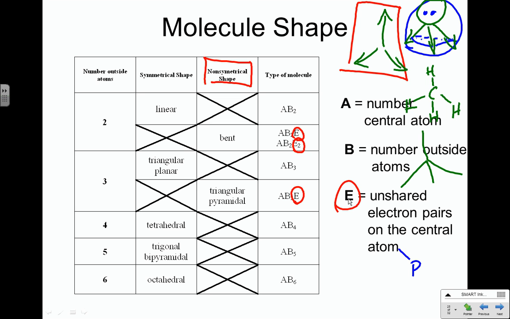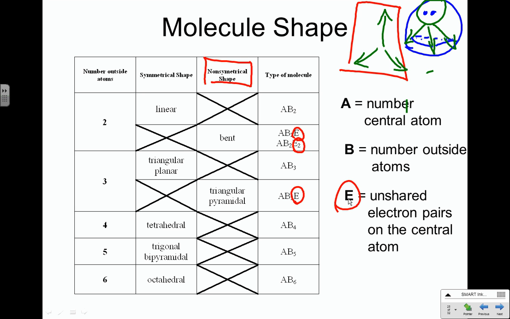So I've got 1, 2, 3, 4, 5. What I basically have here is 2 pyramids exactly opposite each other. So I've got this pyramid there, and this pyramid here. Bi means 2. So they're both triangle-based pyramids, and they're perfectly opposite, one going up and one going down, so to speak. So that's why it's bipyramidal.